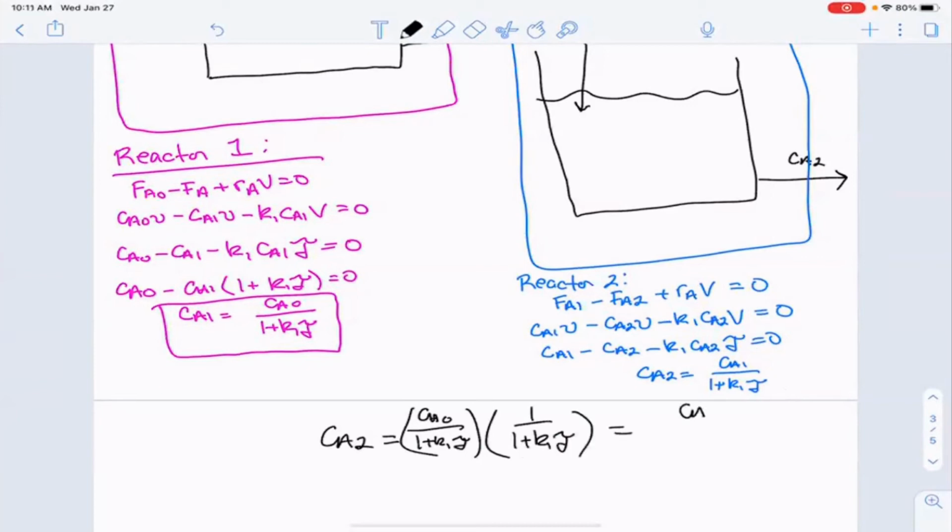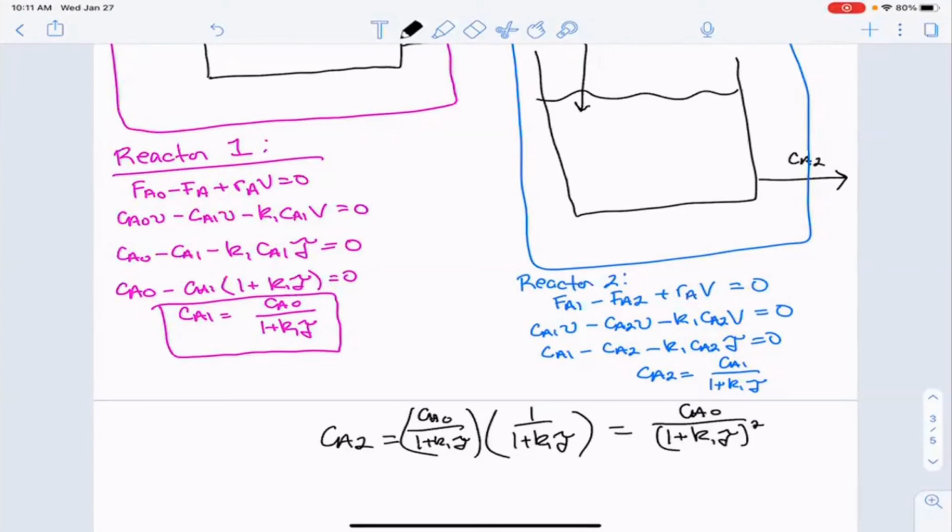And that equals CA0 over (1 plus K1 tau) squared. The interesting thing here is that if you follow this math, this is really (1 plus K1 tau) to the n, where n is just the number of CSTRs in series. So you could do this 5, 10, 30 times if you wanted to. You probably won't ever have 30 CSTRs in series, but hopefully you take the point.